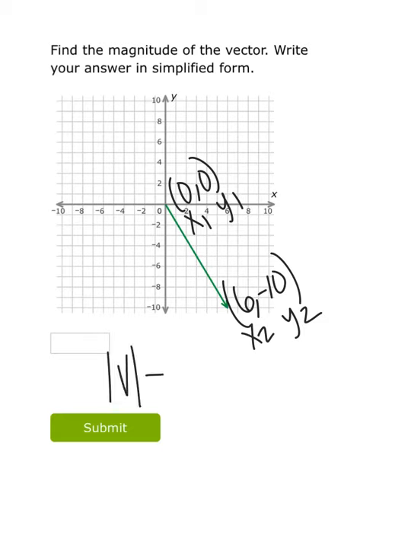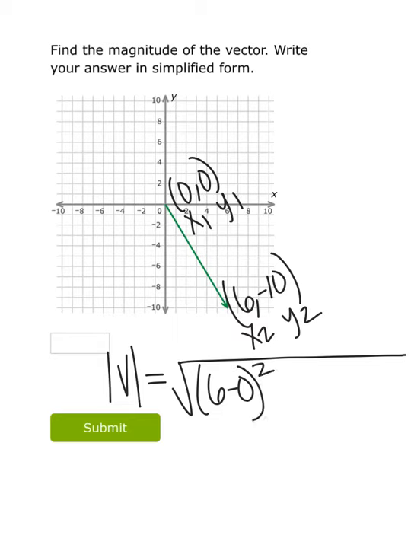Let's just call this vector v. I'm going to start with my x's. x2 minus x1 would be 6 minus 0, and then I would square that. And then I would subtract the y's. So y2 minus y1 would be negative 10 minus 0, and then I would square that.